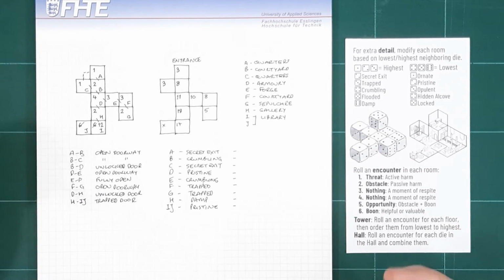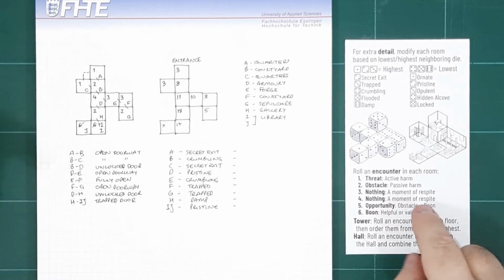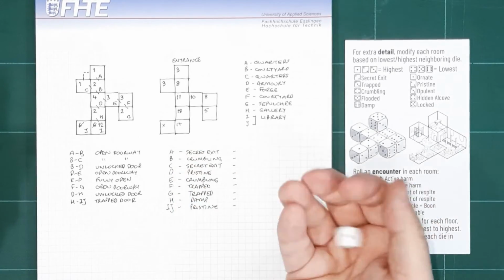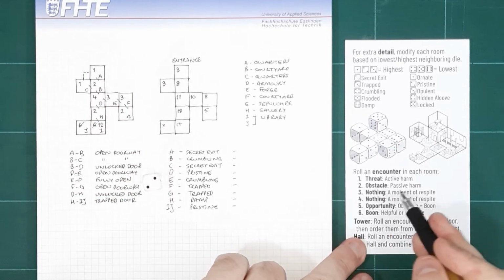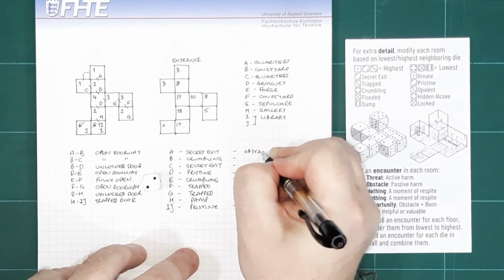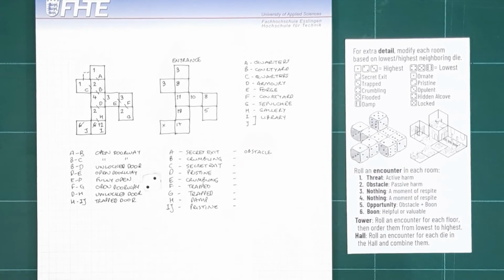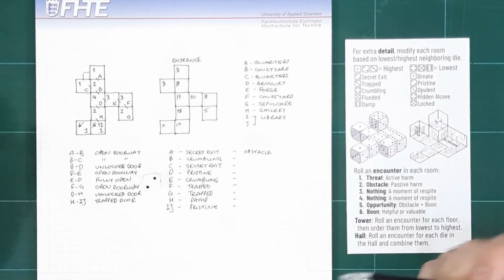Okay. So for each of these, we need to roll on this table to see if there's an encounter and what kind of encounter it is. So for room A, we roll and we get a 2, which is an obstacle, passive harm. Okay. So something in that room is going to cause me a problem in terms of getting past it, getting through it, and it could cause damage or some kind of hindrance.